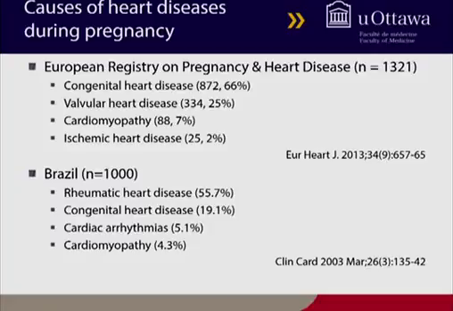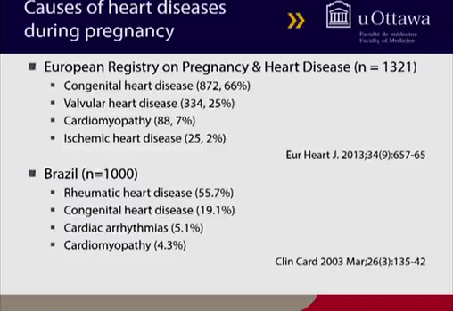However, if you actually look at the difference between developed countries versus developing countries, the proportion flips. In countries such as OECD countries, the incidence of rheumatic heart disease has dropped significantly over the last decades. But in many of the other countries, rheumatic heart disease remains very high.